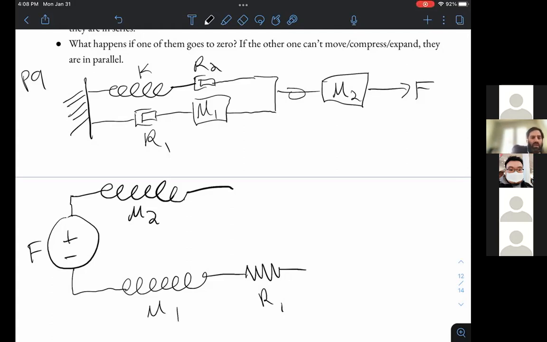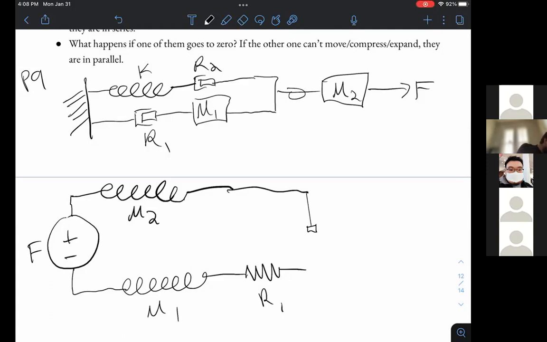Okay, let's talk R2 and K. If R2 goes to infinity, can K still move? Yes. So they're in what? Parallel. I'm going to go ahead and draw this out because I think we just solved it, but we're going to check and see if it makes sense.